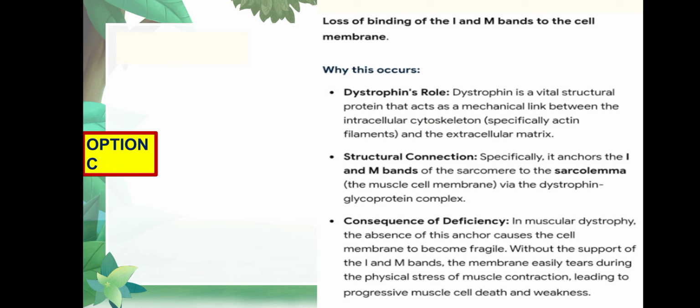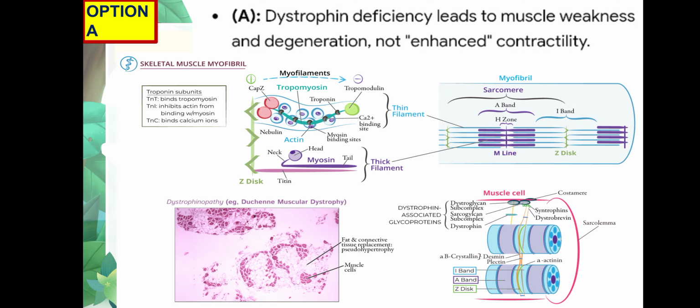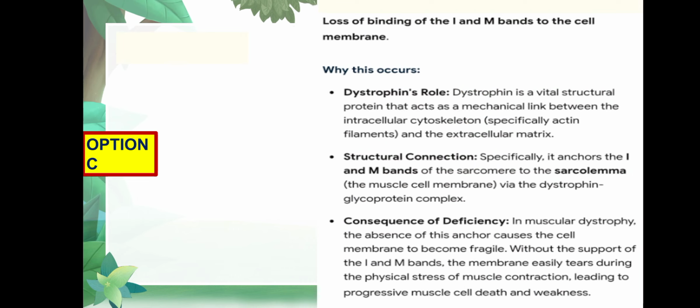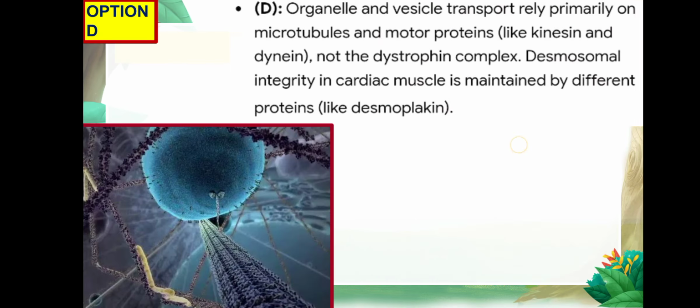Dystrophin is a vital protein that acts as a mechanical link. You can read the literature. I have told you what the concept is and from where the question has been asked. So dystrophin is connected to the I and A band. So loss of binding of the I and M band to the cell membrane is the correct answer.